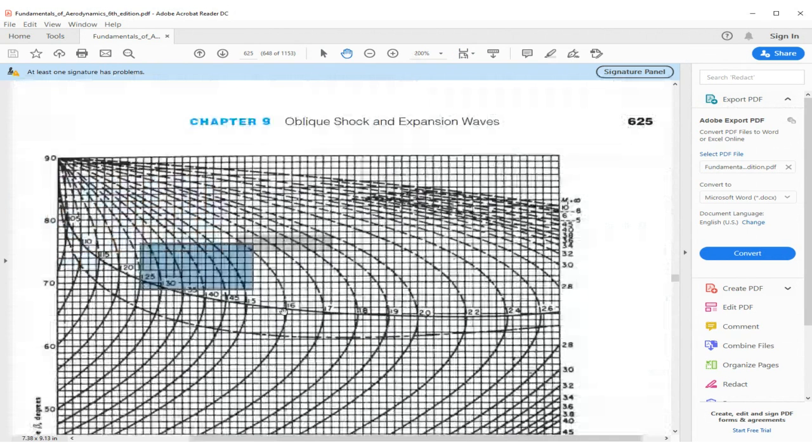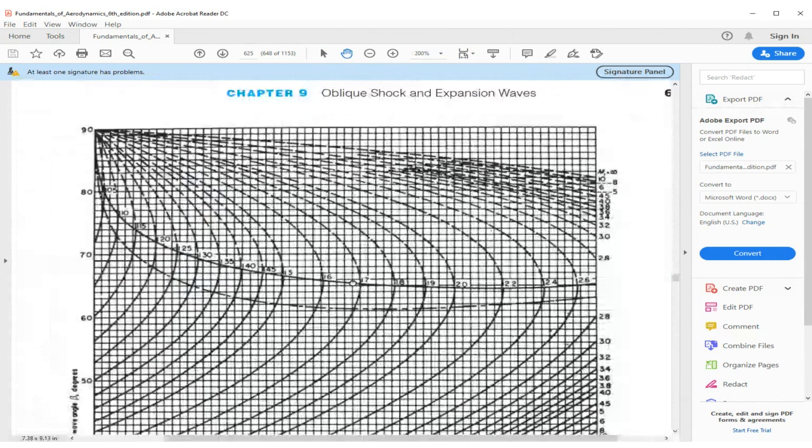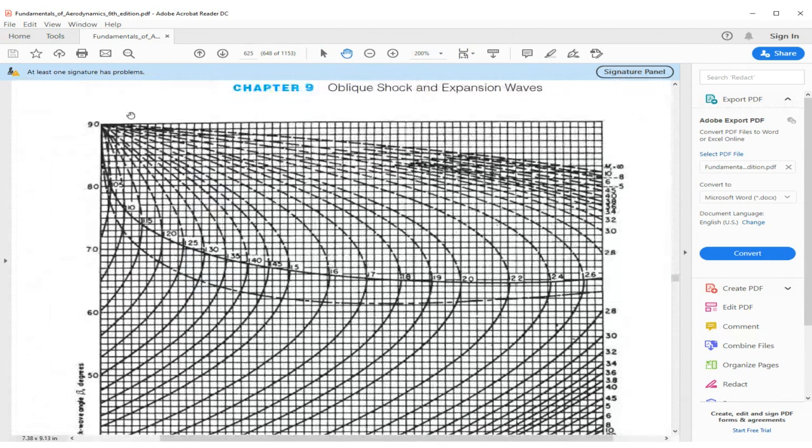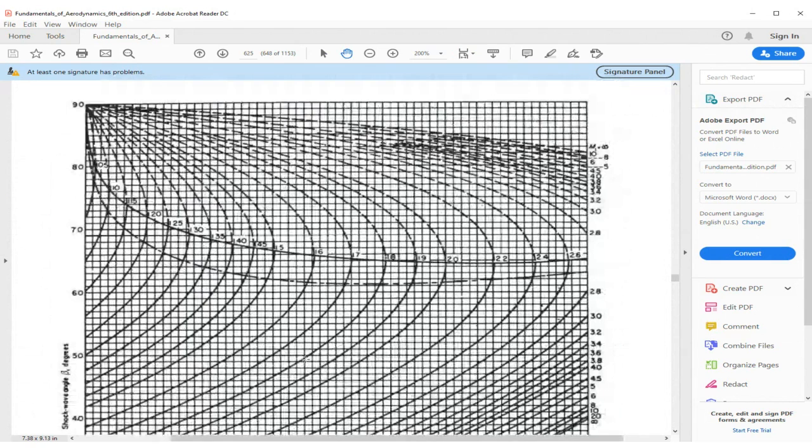There we go. So everything up here is a strong shock. We're not going to bother with those, because most of the time that an oblique shock happens, it happens as a weak shock.